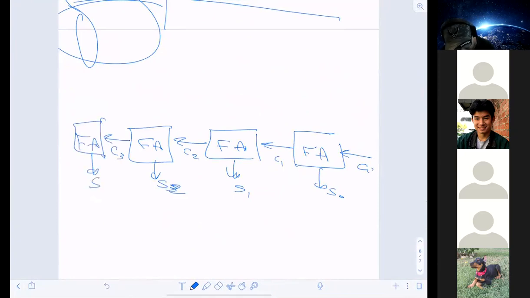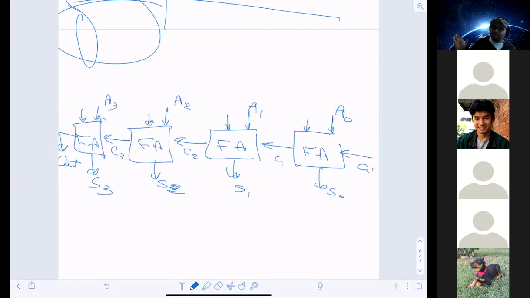I can call the carries whatever I want, it doesn't matter, just a name. Anyway, here we have A0, and something here. We have A1, and something here, A2, and something here, and A3, and something here. That something depends on CI.